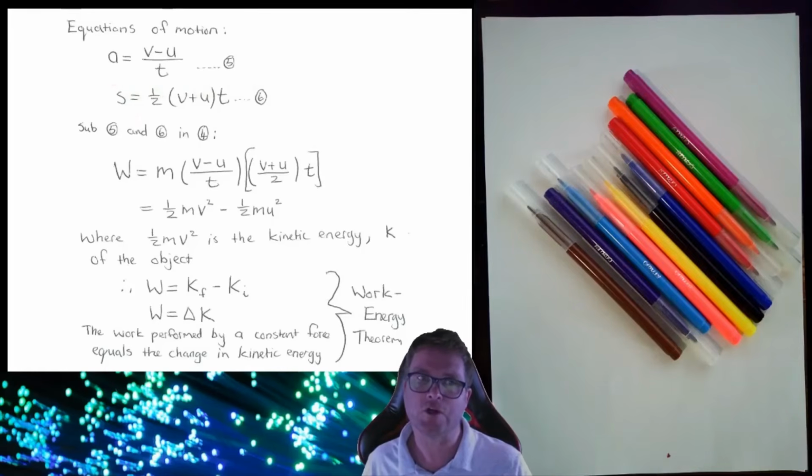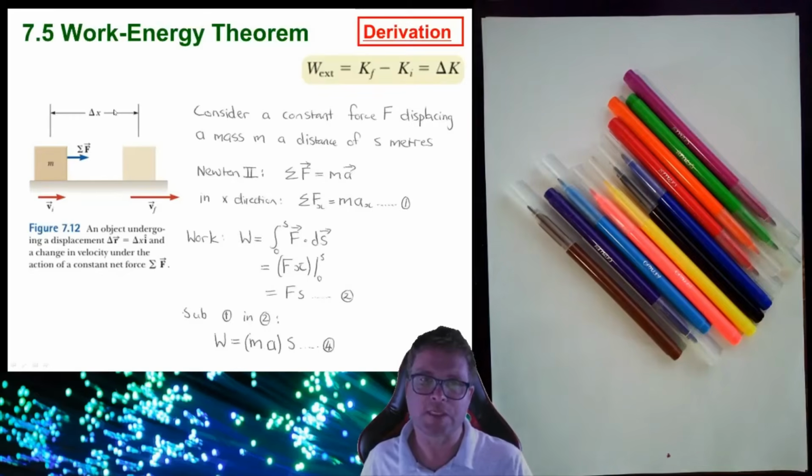We have this second equation where the distance is going to be half v plus u times t. So here in 5 and 6 we have from the equations of motion an expression for a and an expression for s. And what we're going to do is substitute into equation 4, where we also have an a and an s.